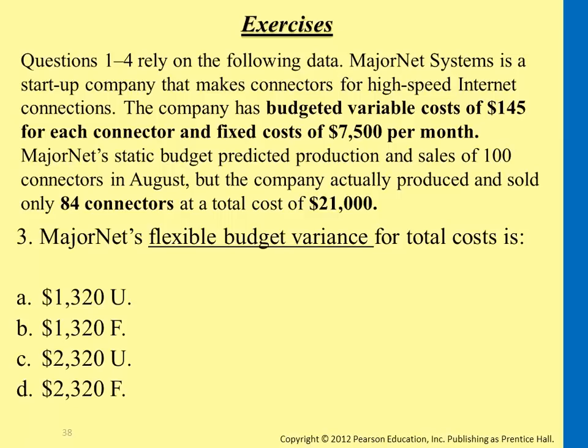So this problem here, do we have the actual variable expenses spent? No. Do we have the actual fixed cost? No. We only have the budgeted information, right? But what we do have is the total cost that we spent. And the previous problem, you already got the budgeted cost. So basically, it's just the differences between these two, right?